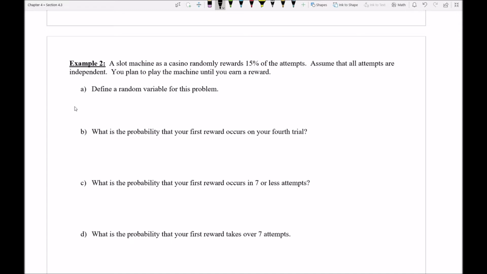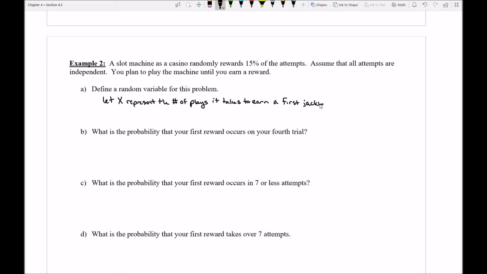Well, one of the things that I could easily see here is that I'm really trying to determine, ultimately, how long it's going to take before I earn this reward. So maybe I could state this. How about we let X represent the number of plays it takes to earn a first jackpot, right?